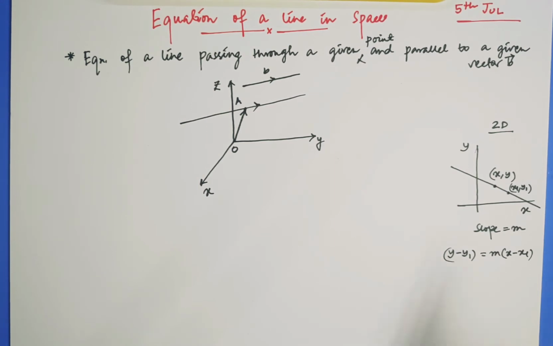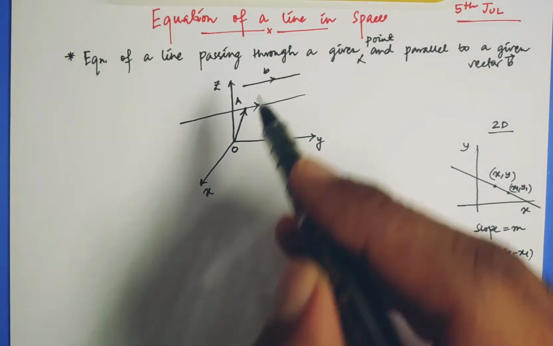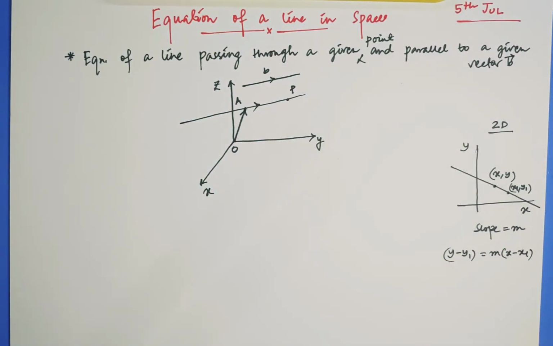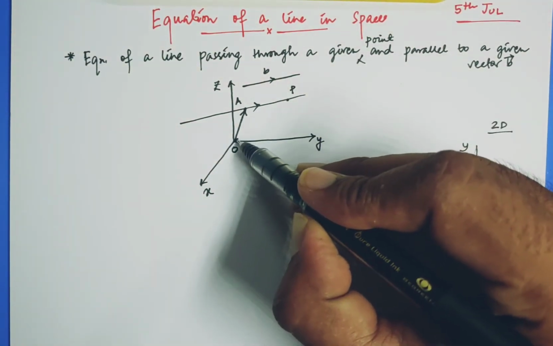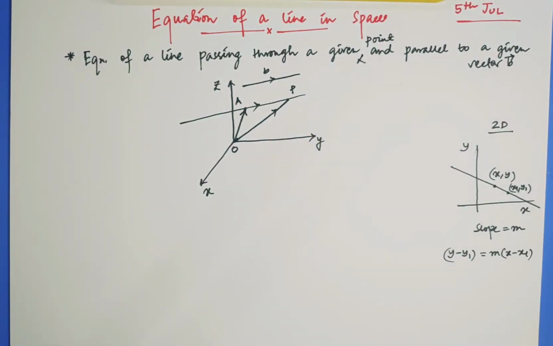Okay, now after knowing the slope and a point, what did I take? A general point. The same thing I will do: I will take a general point P in here. And I told you that in 3D the point is not that important, the position vector of that point is important. So I draw a picture like this. Okay, so what do we have?